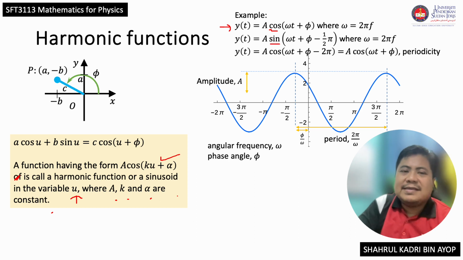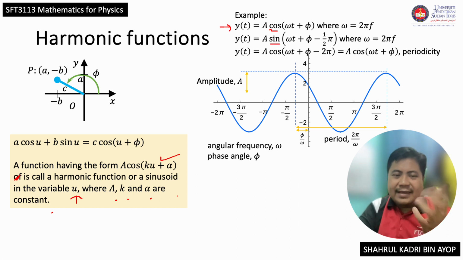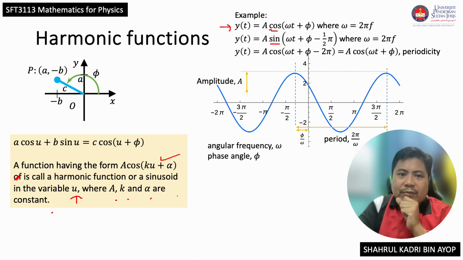As in the previous slides, if we translate it to the right or to the left, we can change whether it is cos or sine. This will change the function from cos to sine.